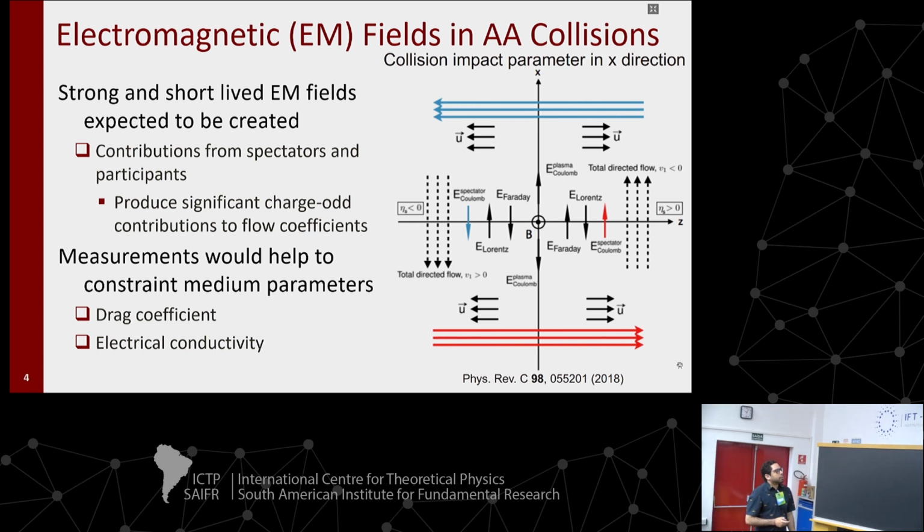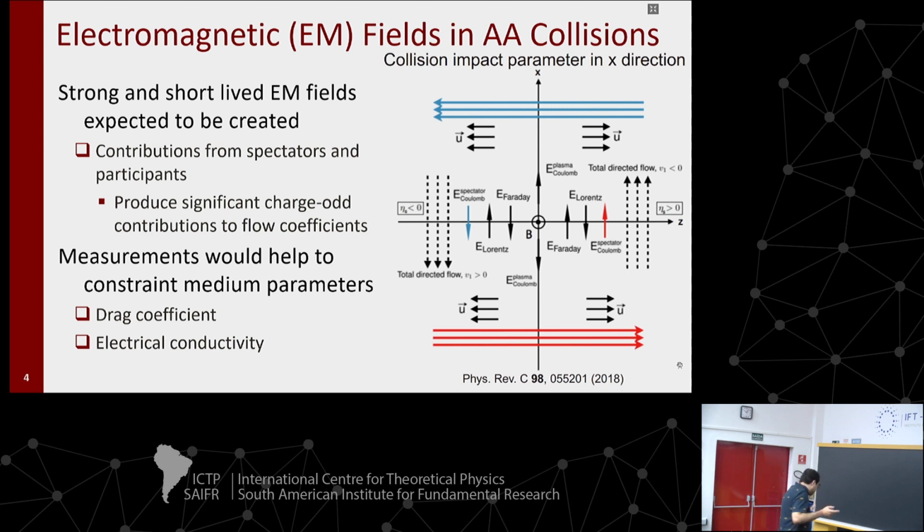But we also have a component that we call the Coulomb component, based on the participants of the collisions. I'll show you a reference showing that these components can cause some additional contribution to these flow coefficients, in case we have this non-zero electromagnetic field.